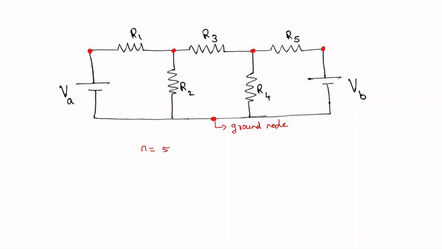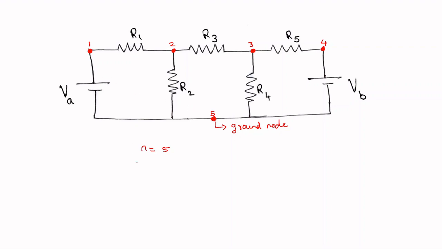So coming to branches, branches are nothing but segments which lie between two nodes. So here between node 1 and 2 you have a segment R1. Between node 2 and 3 you have R3. This is also a branch. And between node 3 and node 4 you have a branch R5. If this is taken as node 5, then you have VB between node 4 and node 5 and R4 between 3 and 5, branch R2 between 2 and 5 and VA between node 1 and 5.